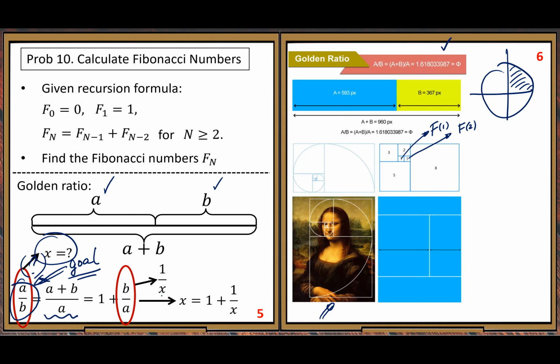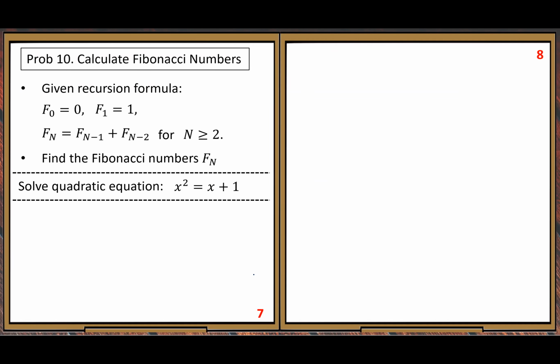One variable, one equation, should not be too hard to find a solution. We can simplify this equation and get a quadratic equation, x squared equals x plus 1. Next, let's try to find a solution.